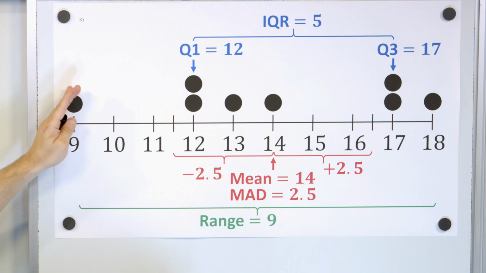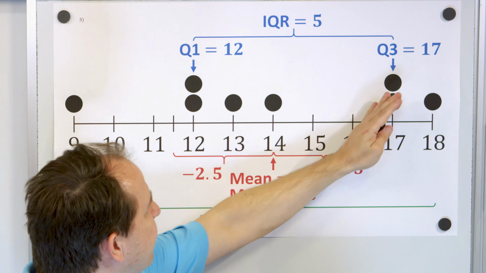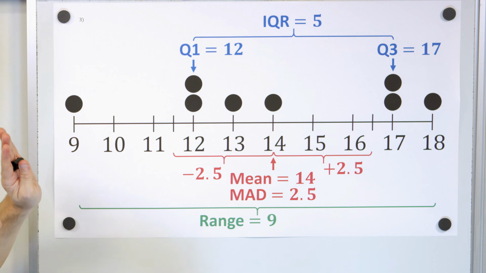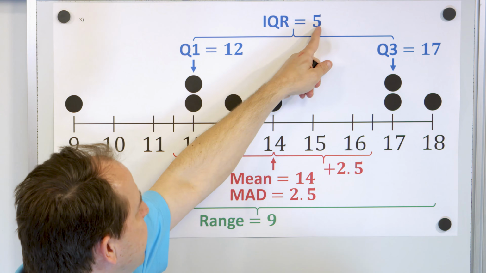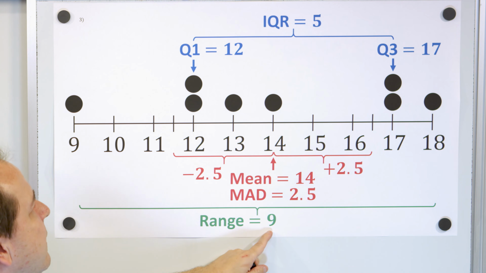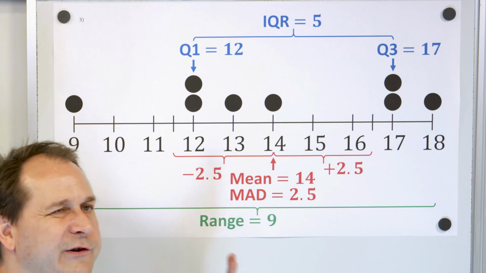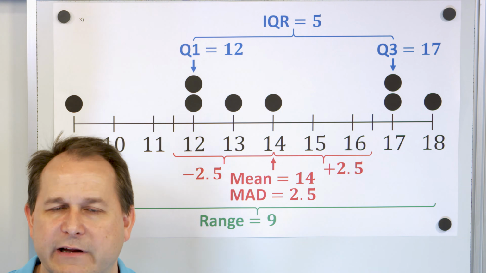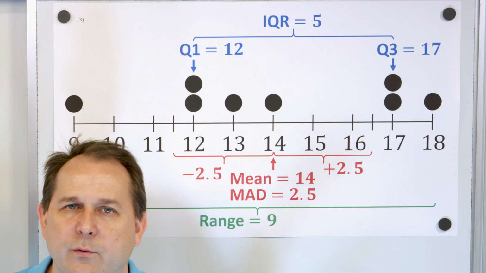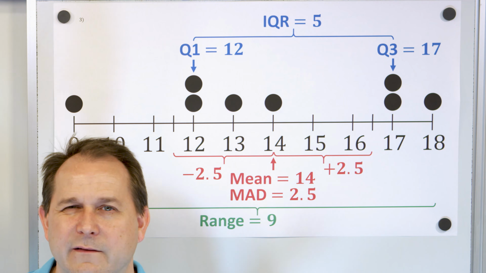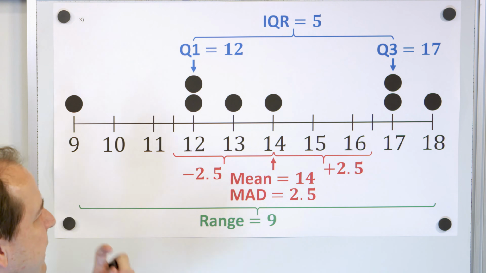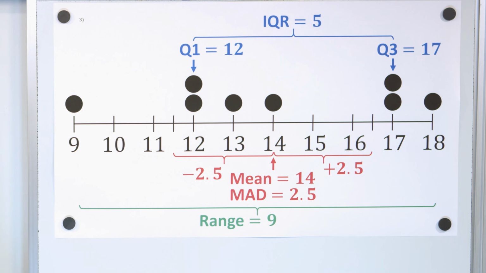In this case, this is kind of an outlier. Most of our data is over here, so we don't really consider that with the interquartile range. And so the IQR is 5, which is quite different than 9, because this one tree that didn't bear much fruit shouldn't drive the calculation for the breadth of our data when it's really only one tree that does it. So we don't emphasize it as much with the interquartile range.